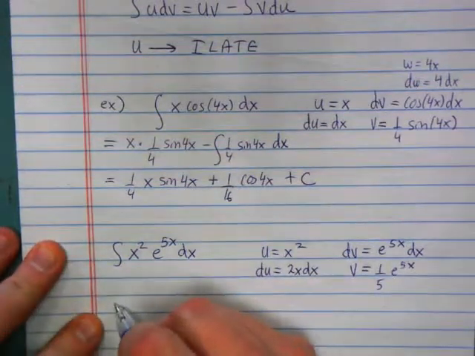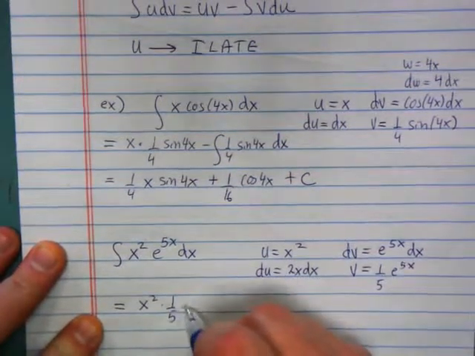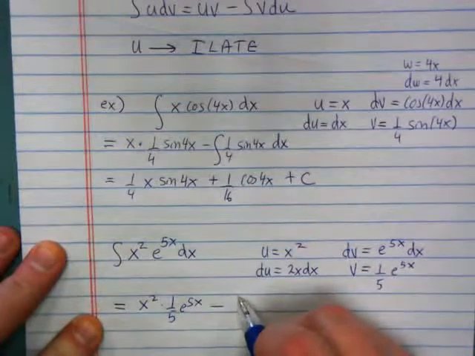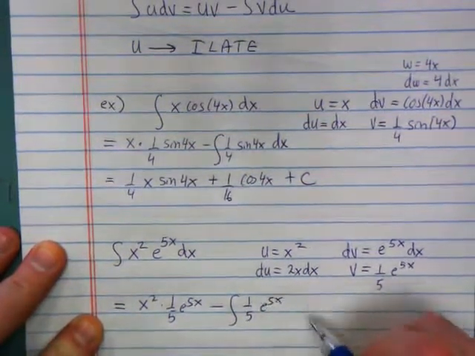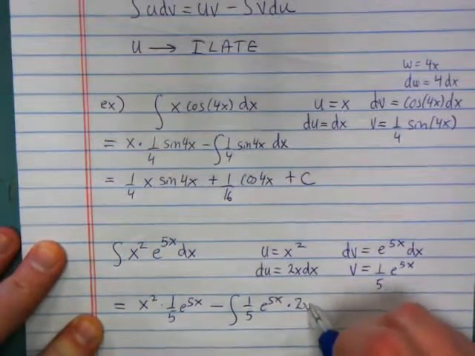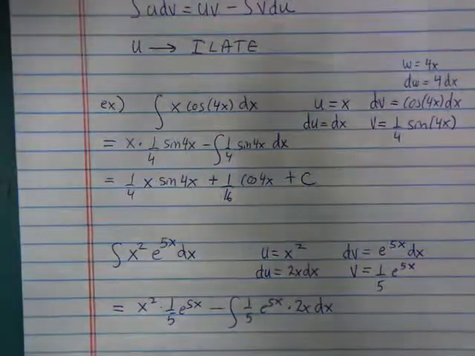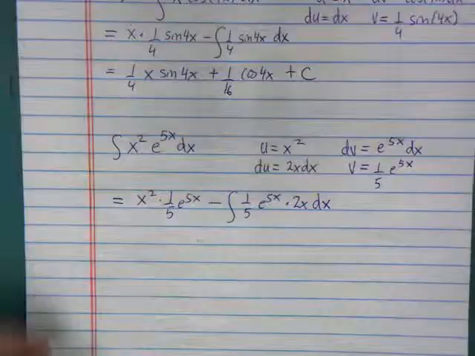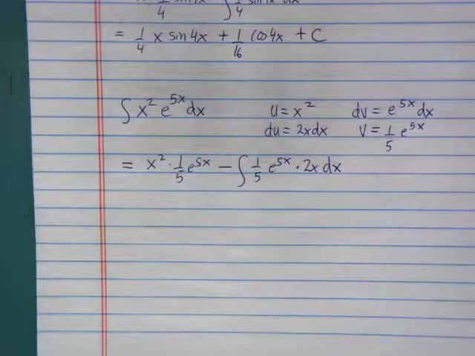Our answer is u times v, that's x squared, 1/5 e to the 5x, minus the integral of v, which was 1/5 e to the 5x, times du, which is 2x dx. Excellent. We have to do it again.